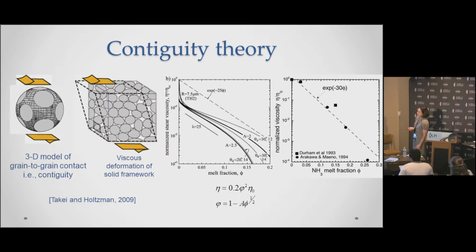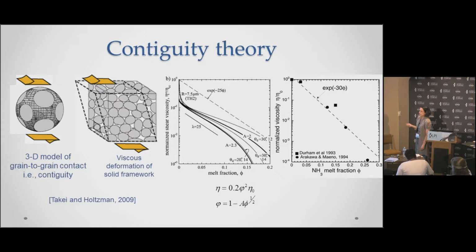And so this is a general theory of a two-phase solid built by Takei and Holtzman. It's a three-part paper with math that totally goes over my head, but I take out the figures, and conceptually it's really beautiful, thinking about not necessarily the melt fraction, but the other end, the contiguity, the area of contact between solid and solid grains.